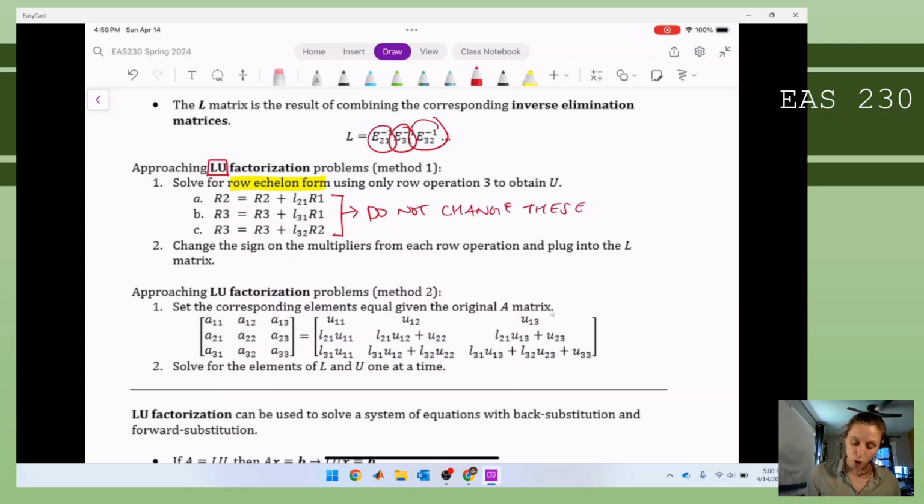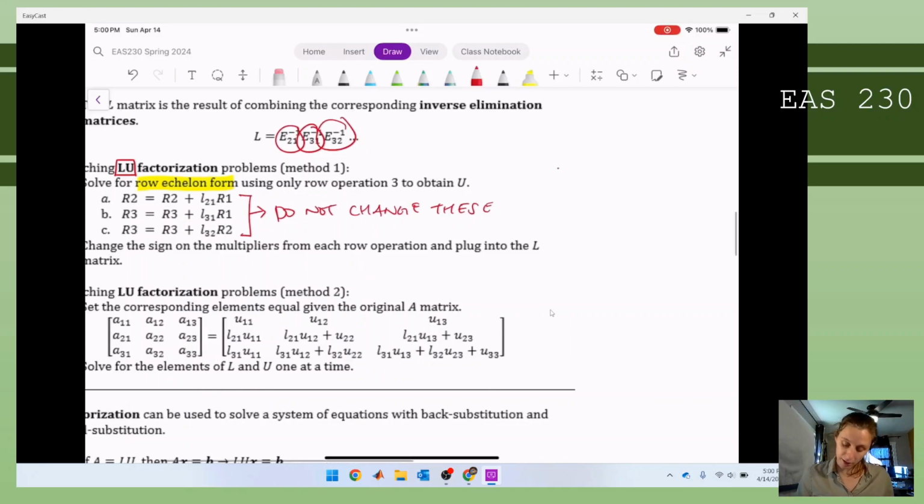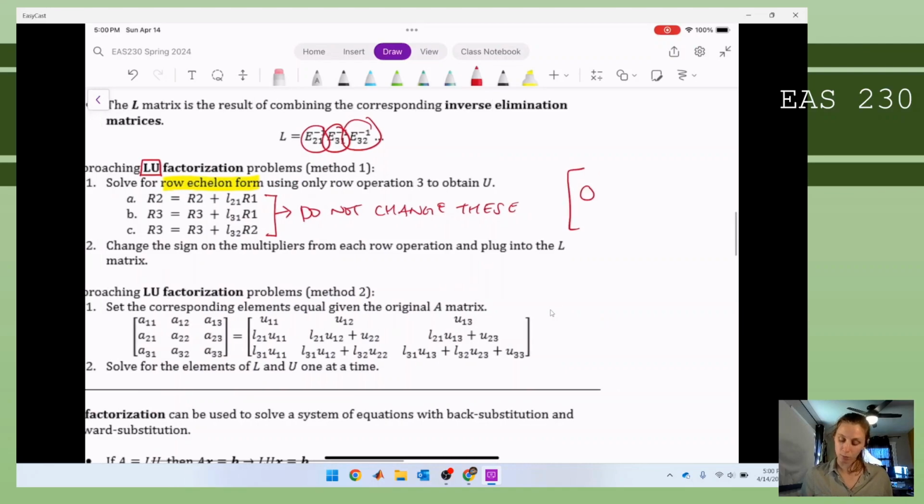I'm going to replace row 2 by adding it to some multiple of row 1. That gets me this 0 here. I'm going to replace row 3 by adding it to some multiple of row 1. That gets me this 0 here. And then I'm going to replace row 3 by adding it to some multiple of row 2 to give me that 0 here.